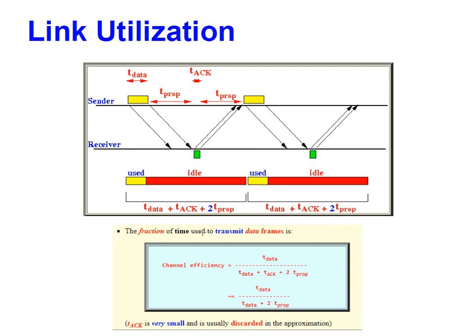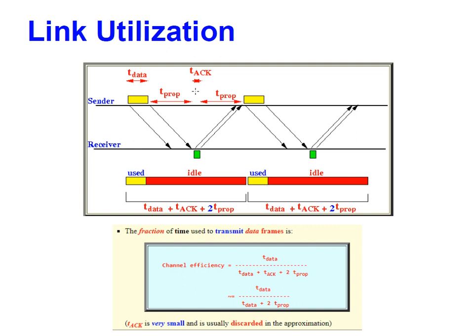One thing you have to understand: if T propagation is less than the total frame, then the whole frame data has been received. But if T propagation is greater than the T frame, then the entire frame may not have been received at the receiver side, and this results in an underutilized condition.